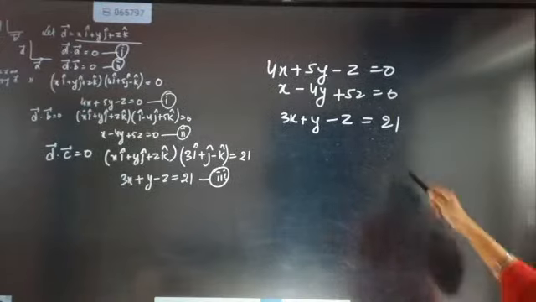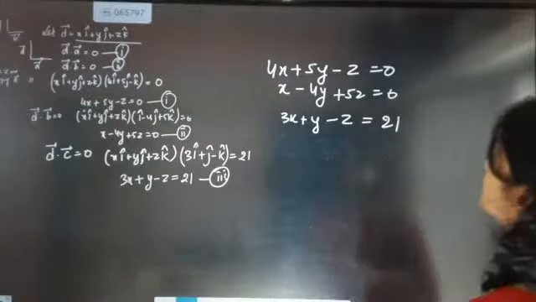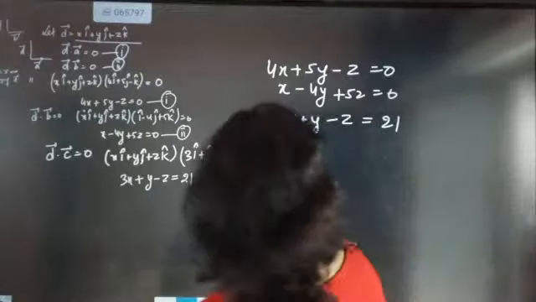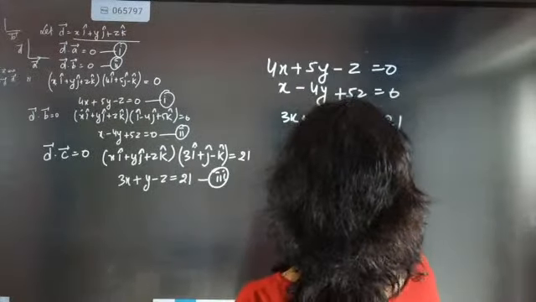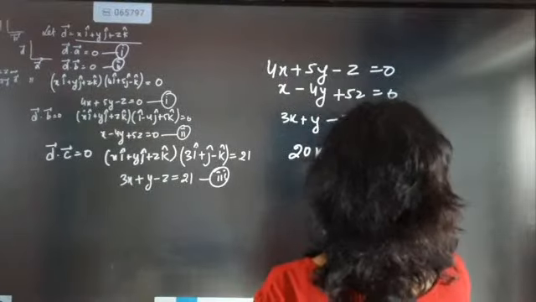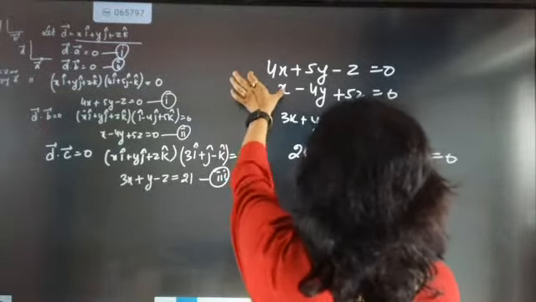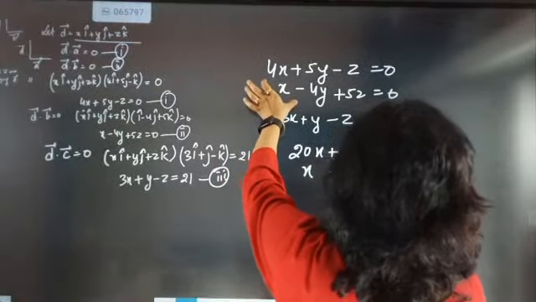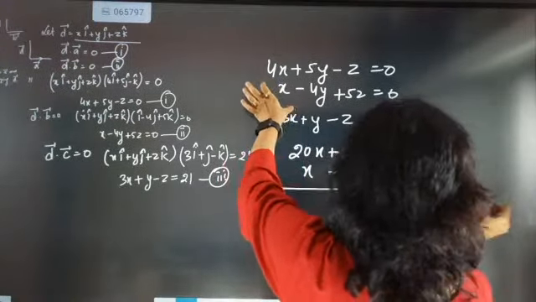Now I did what? 5z is there. I'm going to multiply it with 5, 5 4s are 20x plus 5 5s are 25y minus 5z equal to 0. This I'm going to take, x minus 4y plus 5z equal to 0. Cancel.